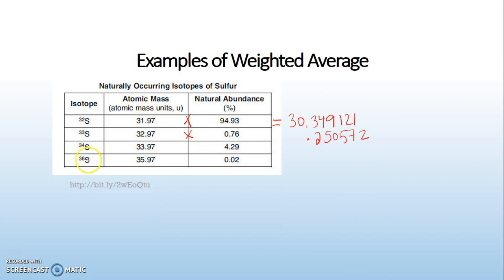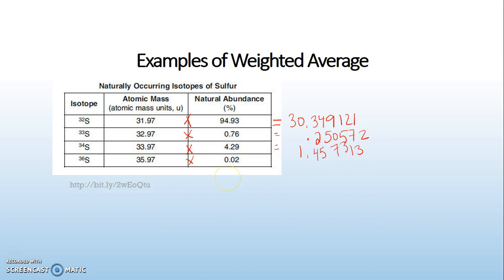Then we will do this one. And you could do this all in your calculator at once if you want to and put parentheses around each of them. I'm just doing it in steps. We'll have this one times 0.0429. That equals 1.457313.